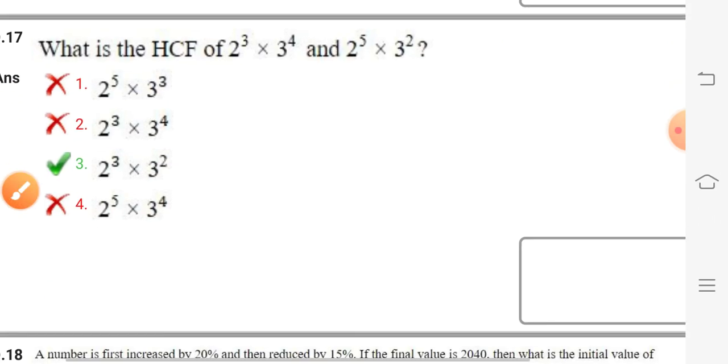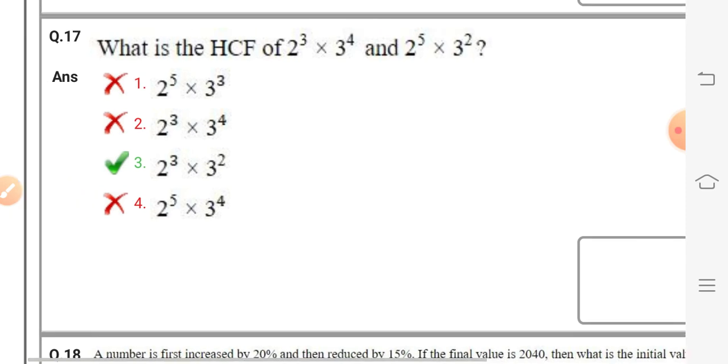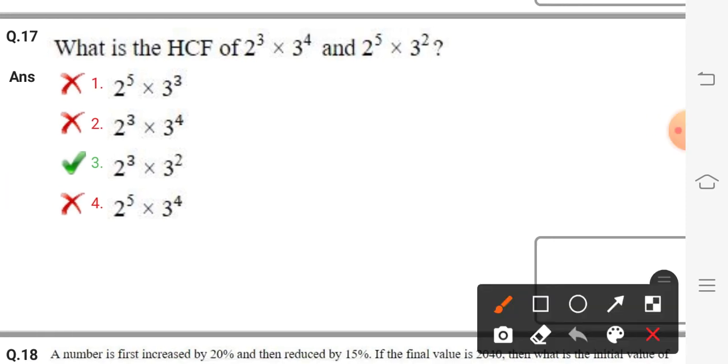Next question. What is the HCF of 2 to the power of 20, 2 to the power of 3 into 3 to the power of 4 and 5 to the power of 2, 2 to the power of 5 into 3 to the power of 2? HCF means highest common factor. What are the common factors in this number and in this number?